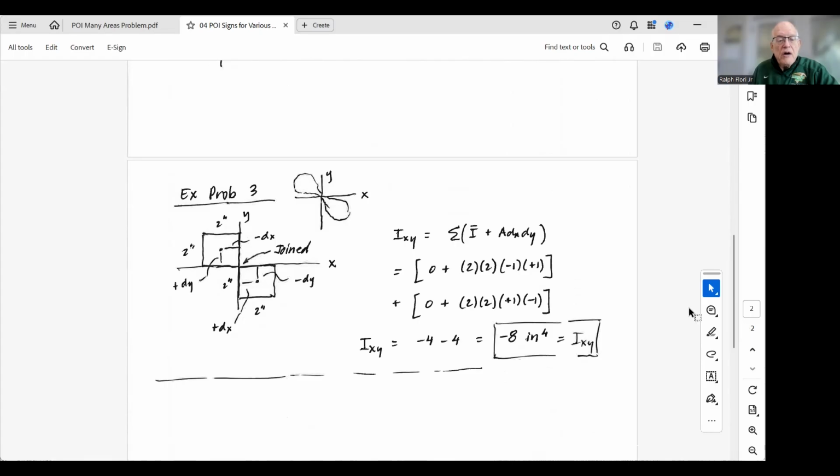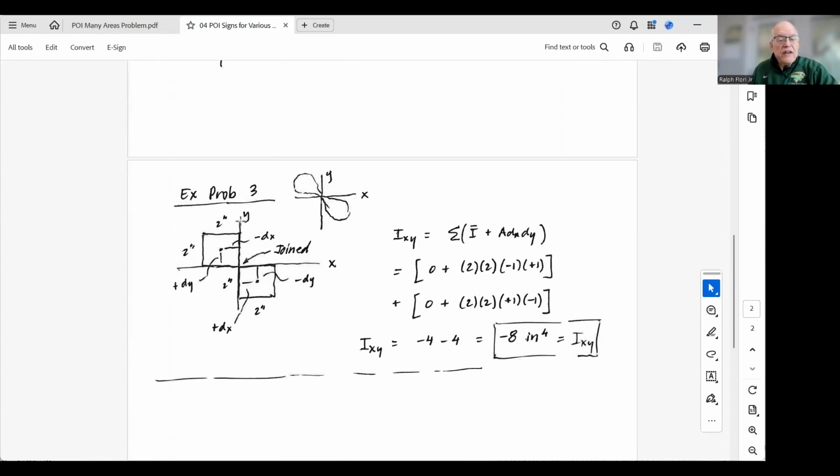For this problem, where you've got an area in quadrant 2 and in quadrant 4, you get a negative IXY. I'll let you do the math. So any area that mostly lies along the diagonal from quadrant 2 to quadrant 4 is going to have a negative IXY.